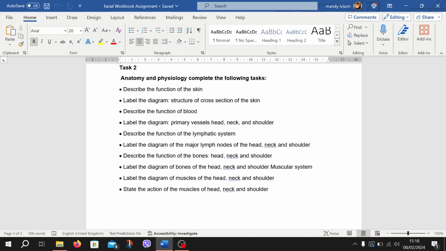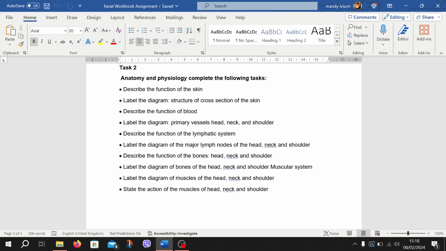So the next one, describe the function of the blood. Again, it's in your anatomy and physiology workbook. Don't just put you've got blood vessels, arteries, and veins. You need to describe the function of the blood, what it does, carries nutrients, etc. Again, label a diagram.